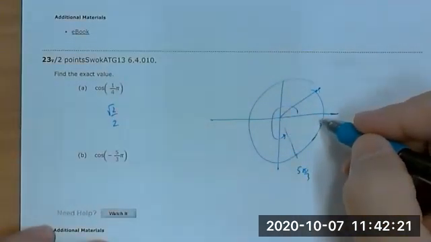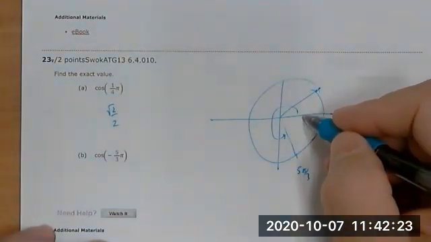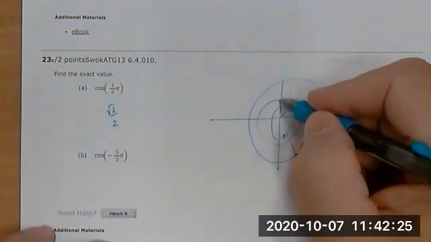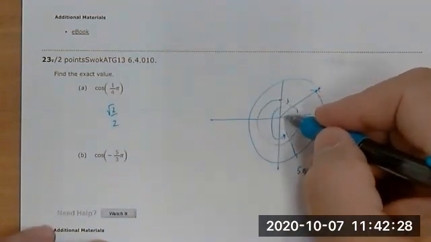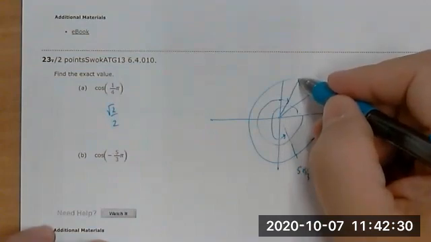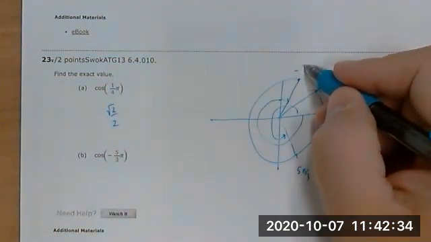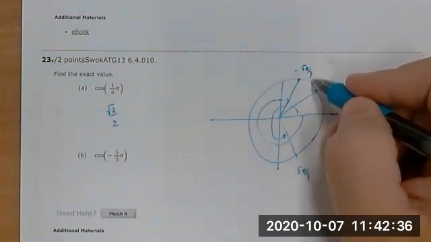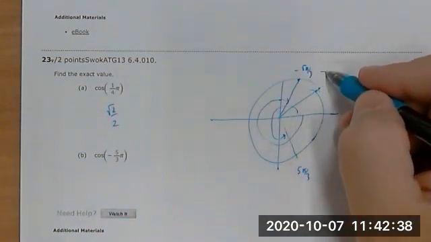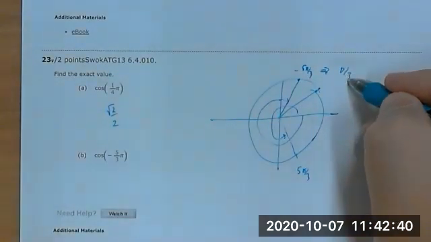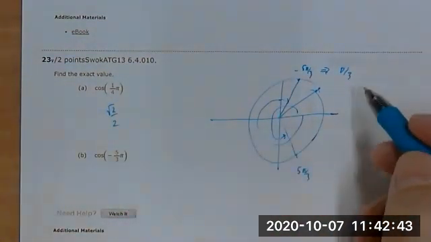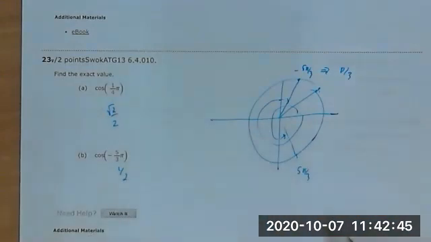I do the same thing except in the opposite direction. So I go through 3 quadrants and then go pi over 3 more. So that's negative 5 pi over 3, which is really the same as pi over 3. And what's the cosine of pi over 3? 1/2.